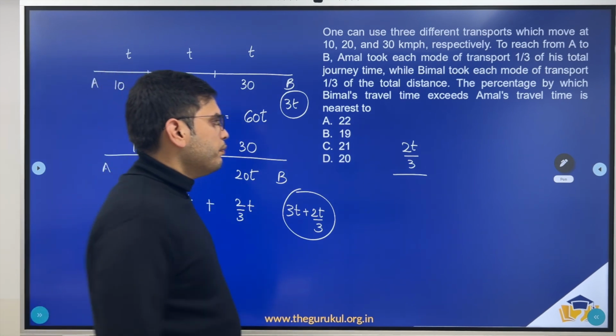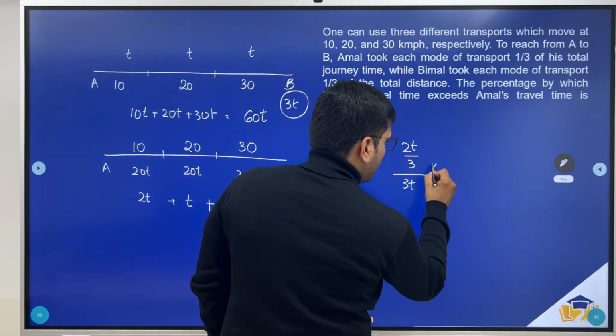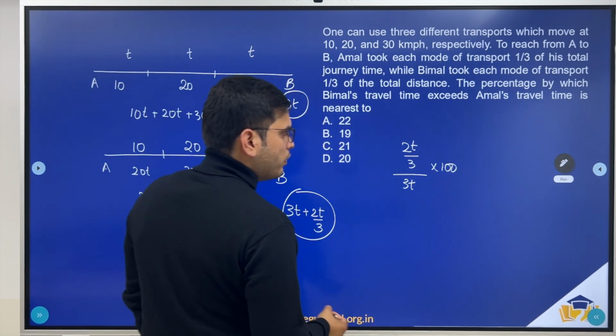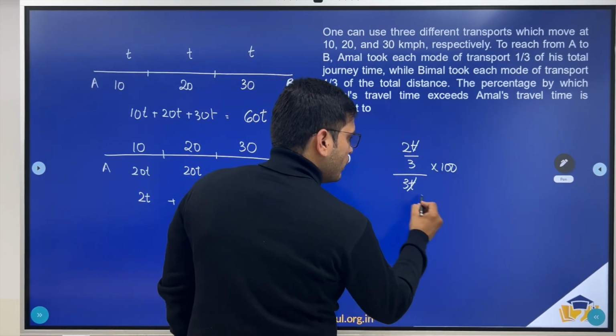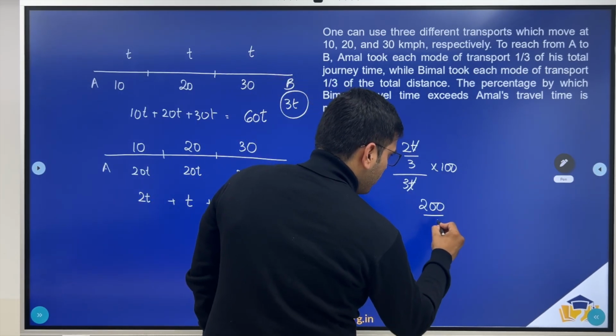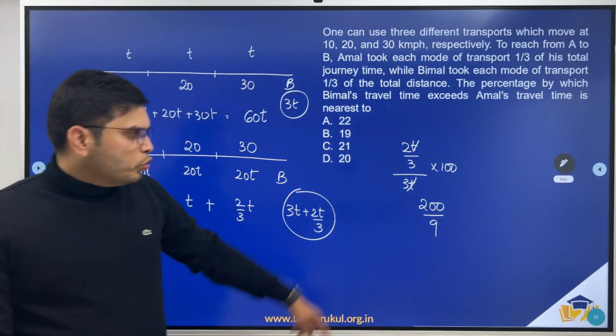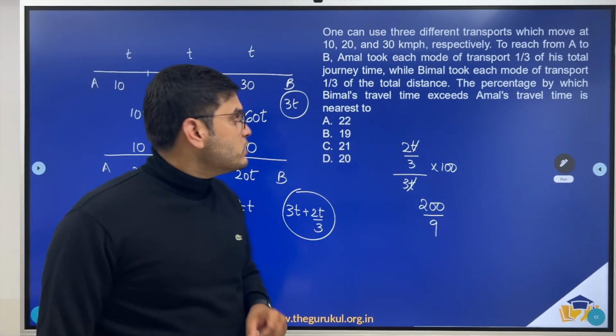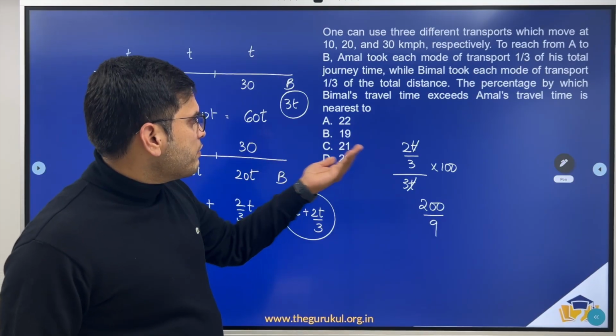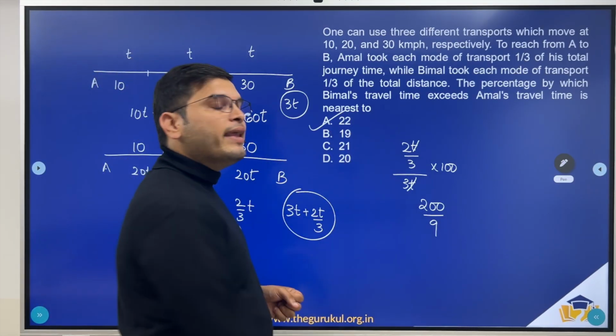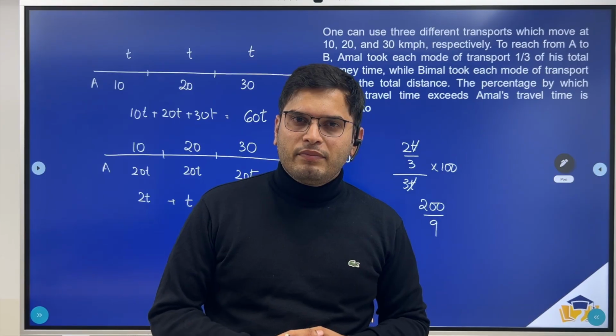What is Amal's travel time? 3T into 100. Right. So I can cancel T. So this becomes 200 by 3 into 3, 9. So 200 by 9 is 22.22%. So option A should be the answer to this question.